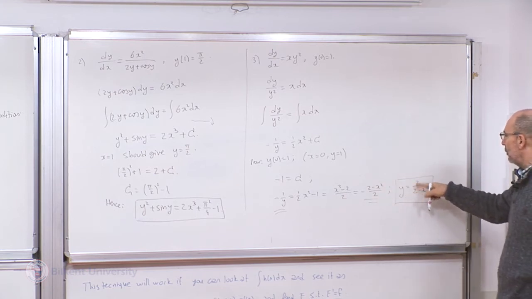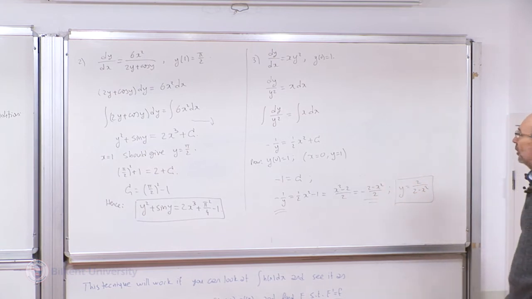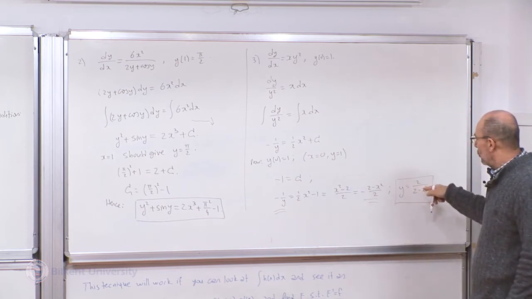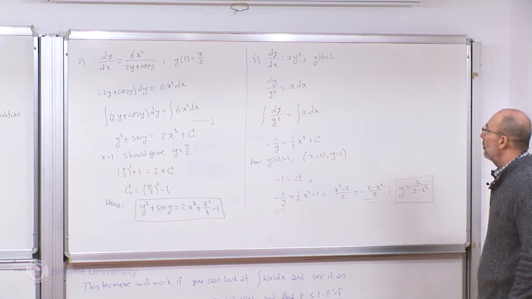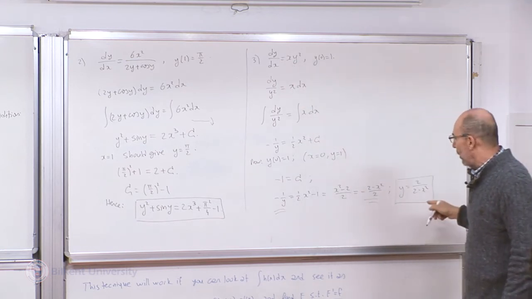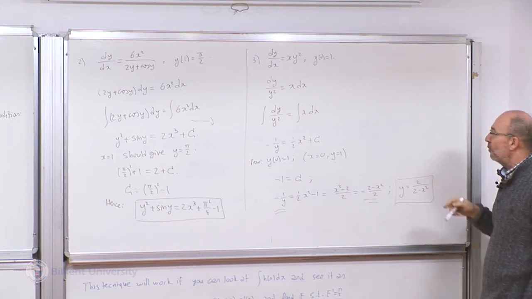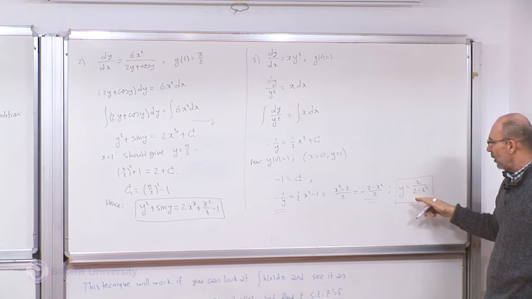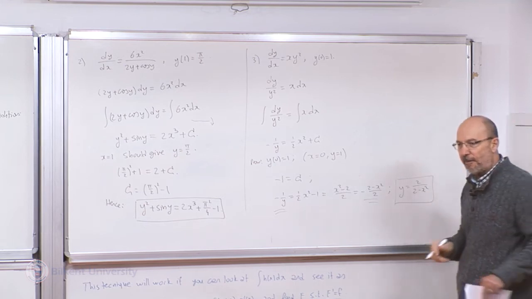But if you take the derivative of this, you'll get something complicated. Well, if you want to check this, take the derivative of this with respect to x, then divide the answer by y squared. So divide the answer by this and see if you get x. Okay, so that will be verification that this is the correct answer.